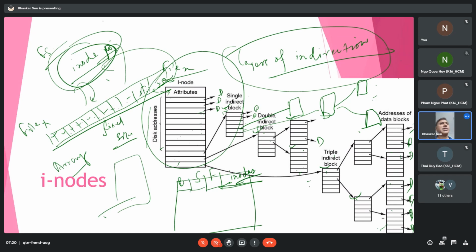From RAM, your file system can easily read all of them and quickly access everything that is available. It knows all the nodes, and from the nodes, it can easily access the data.